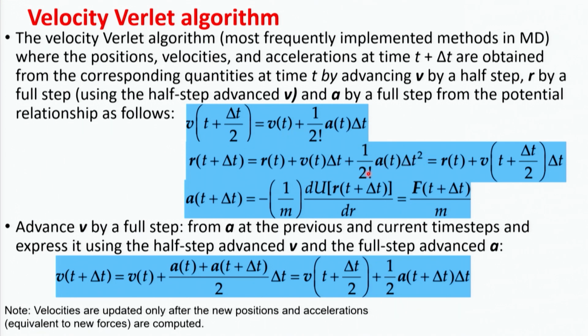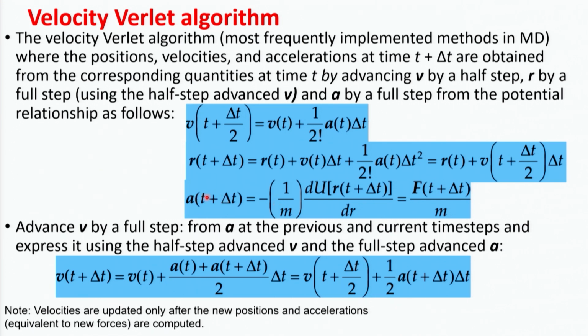Now this v(t) plus this term is nothing but v at t plus delta t. So that's what we are writing here. At the same time, here we are directly calculating the acceleration from the potential. Okay. So we are taking the differential of the potential with respect to the position and dividing by the mass, and we get the acceleration.